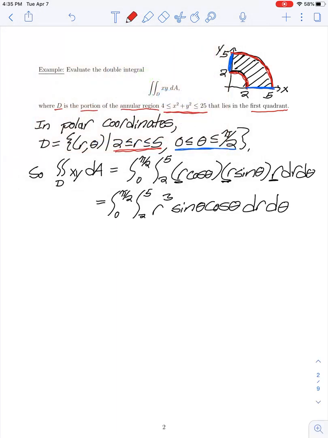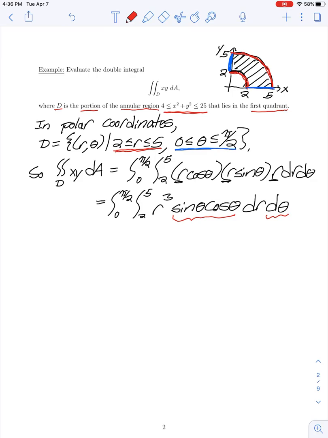Here, my inner integral is with respect to r. Now, if I'm integrating with respect to r, the remainder of this expression, that is sine theta times cosine of theta d theta, is a constant.